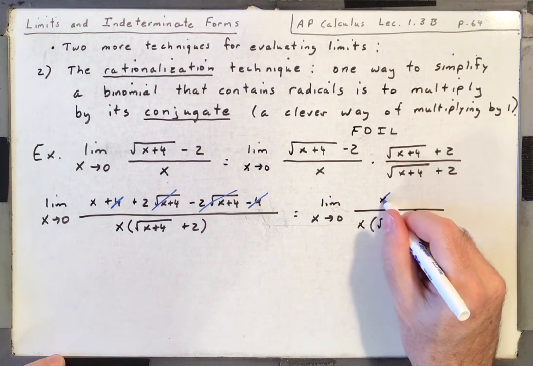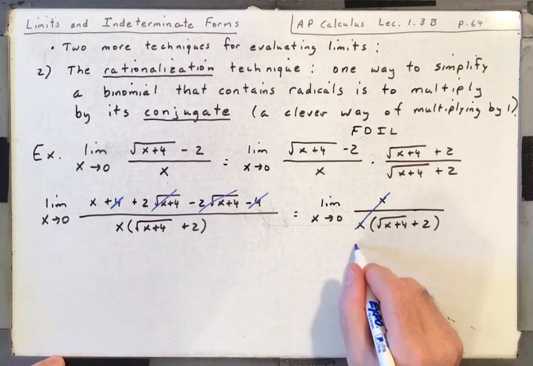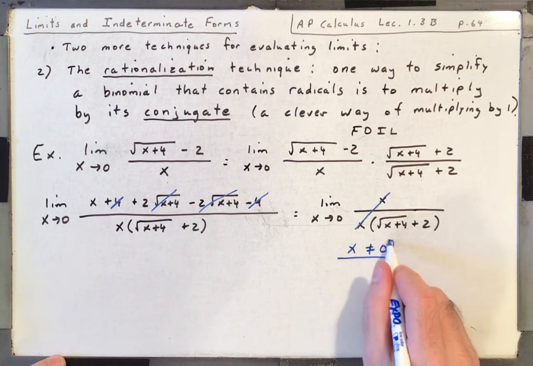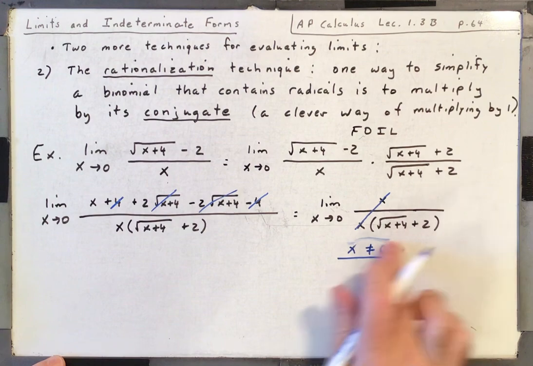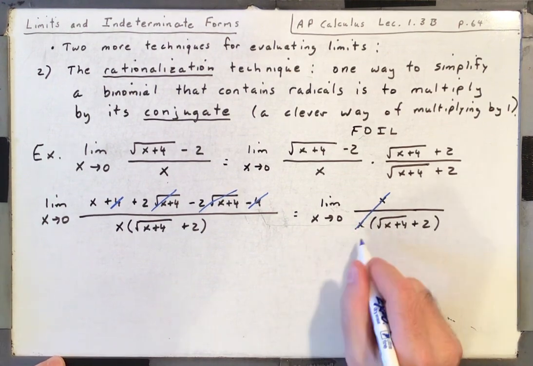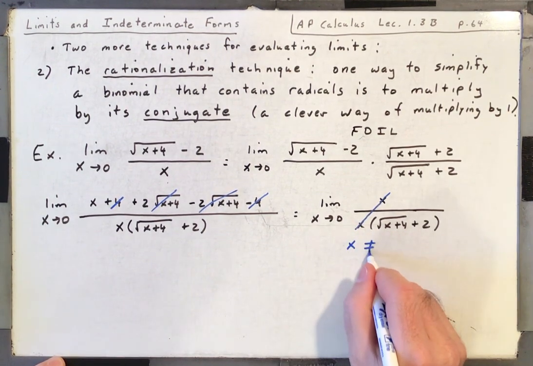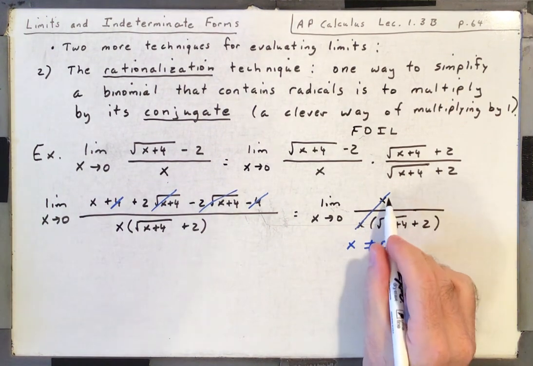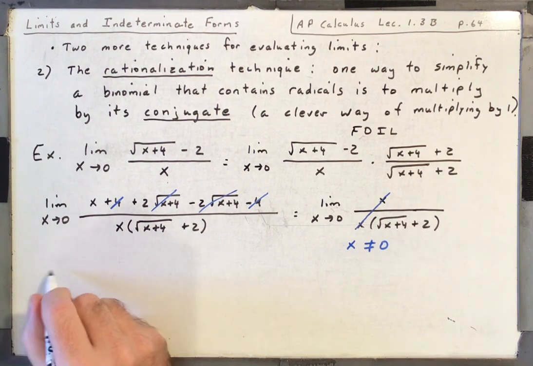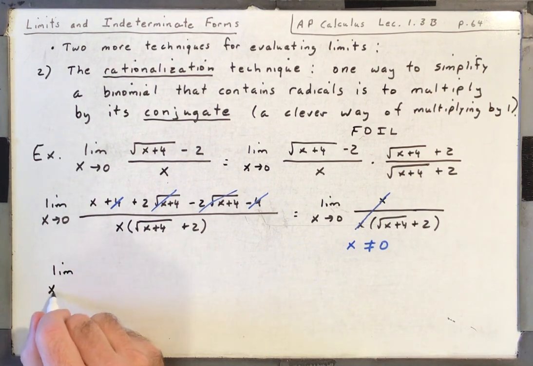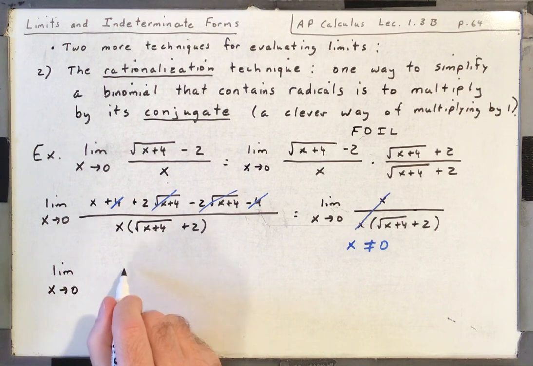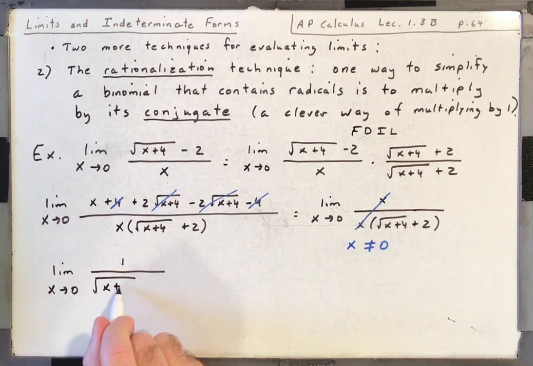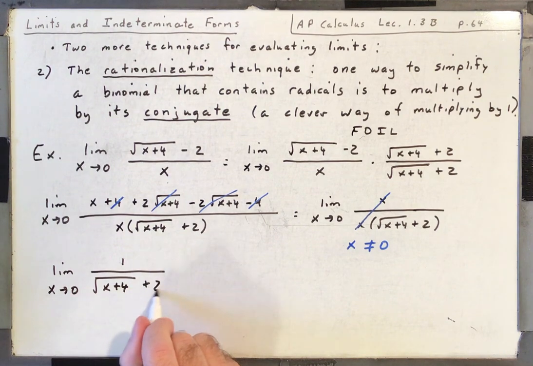because now we can cancel out the x over x as long as x does not equal what? 0. Because if it's 0, that's not the answer. We need to write that down: as long as x does not equal 0. So when we cancel out that x, what's left on top is a 1, over the square root of x plus 4 plus 2.